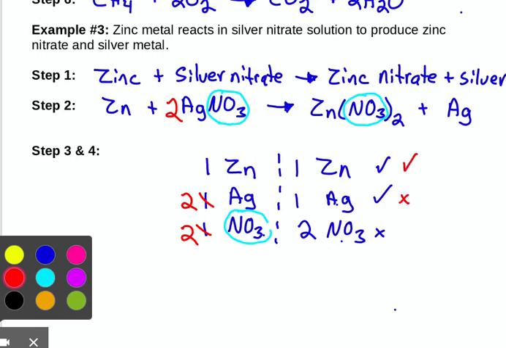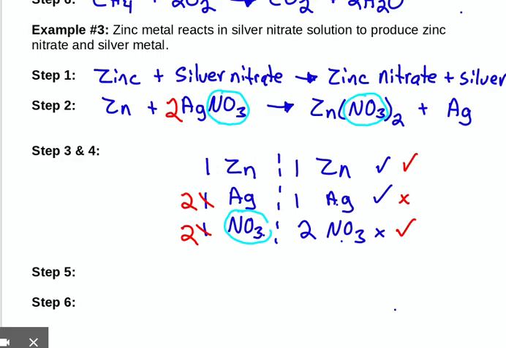Our silver does not line up anymore, but our nitrates are now equal. So now we have to fix our silver. Silver appears as an element on the product side. So to make it all equal, I just have to multiply it by 2. Did nothing to zinc. Our silver lines up. Our nitrates line up. So once everything has a check mark, we're balanced.